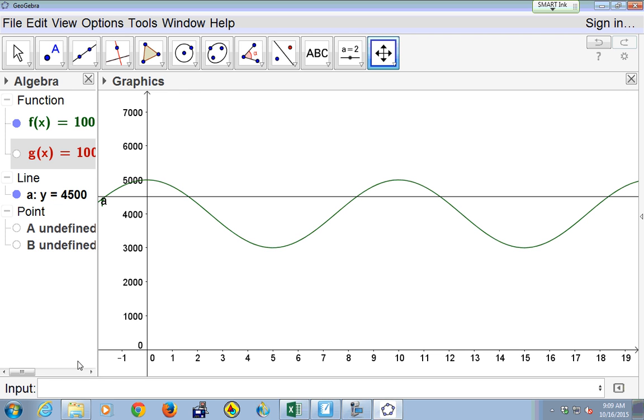Maybe I'm using bad notation. Nope, that's undefined too.